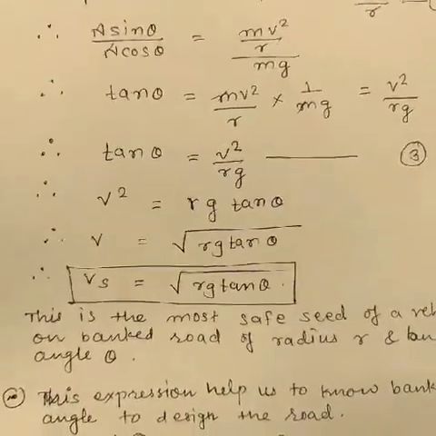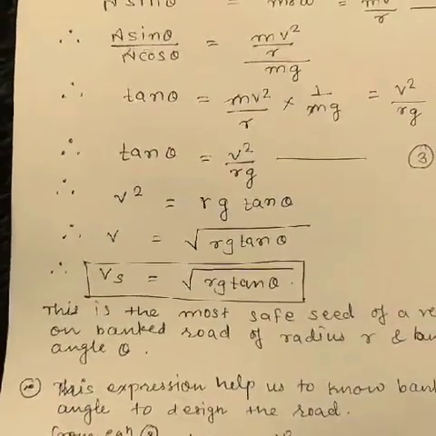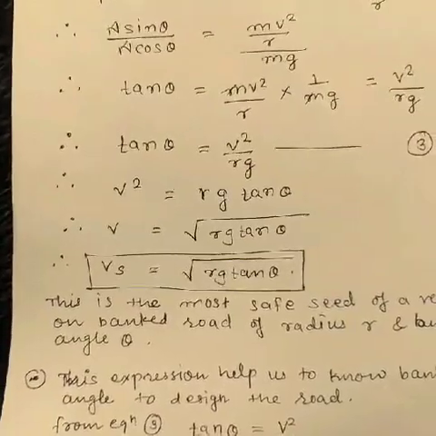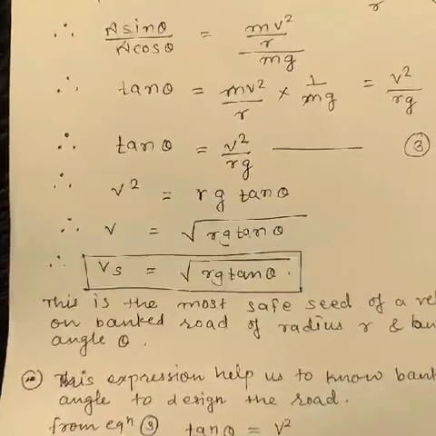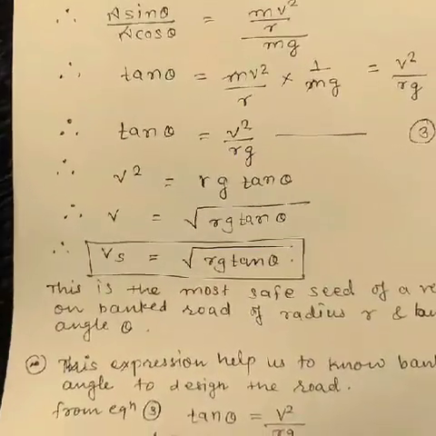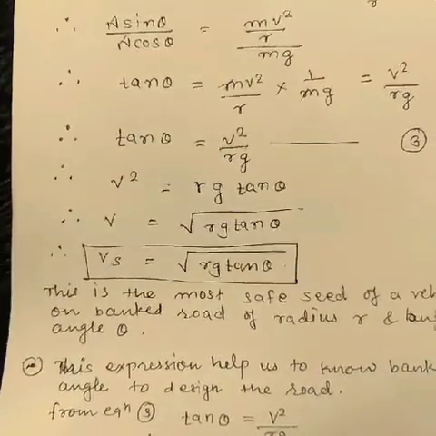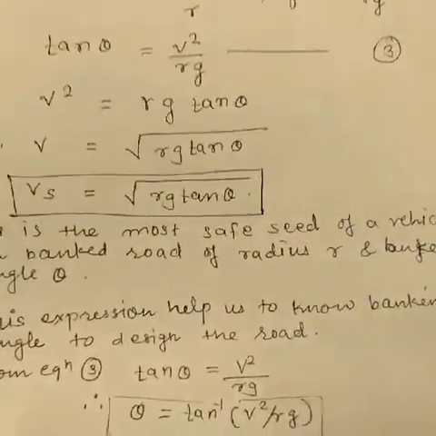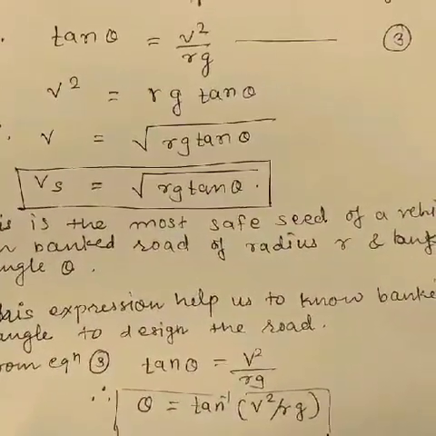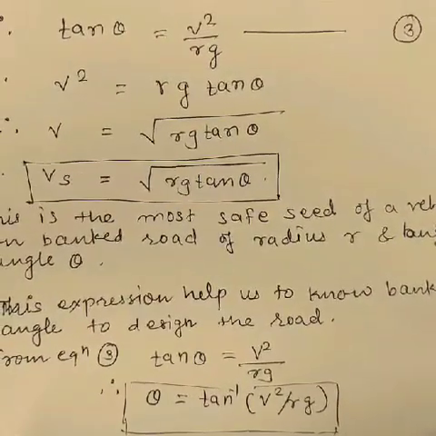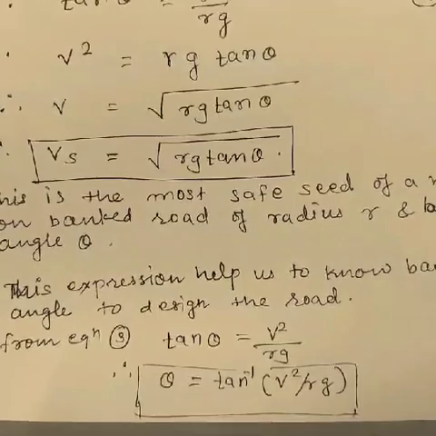Now this expression also gives us the angle of banking with which we can design a road. See, our equation number 3 gives tan theta is equal to v square upon r g. So theta is equal to tan inverse of v square upon r g.